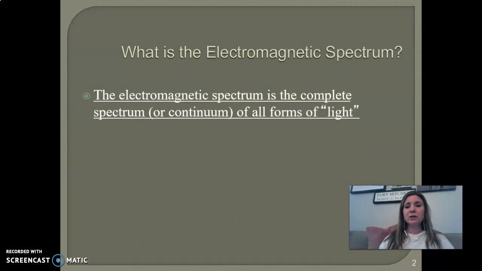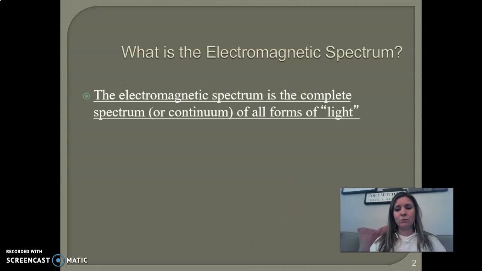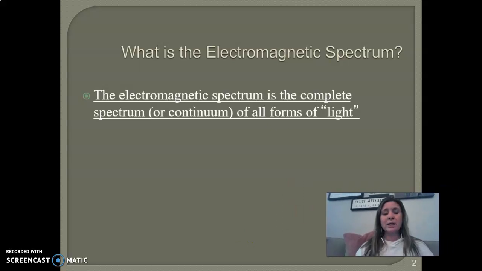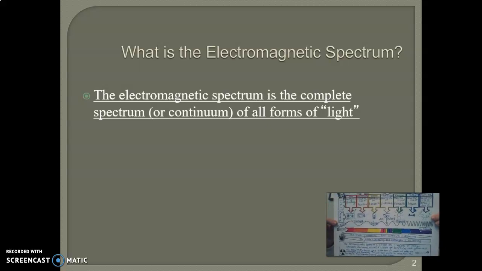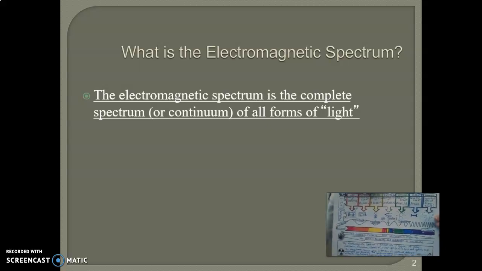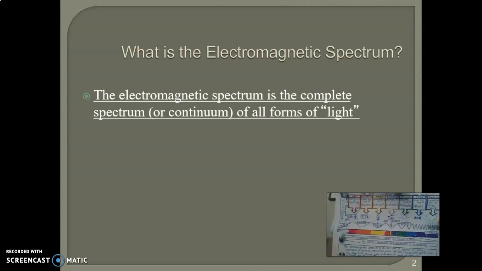So the electromagnetic spectrum is, I like to say, like, we're going to be talking about a rainbow today. We're going to be looking at Roy G. Biv and how red can be associated with certain types of wavelengths, and blue. Because part of the spectrum in the center part, right in the middle, there's visible light.